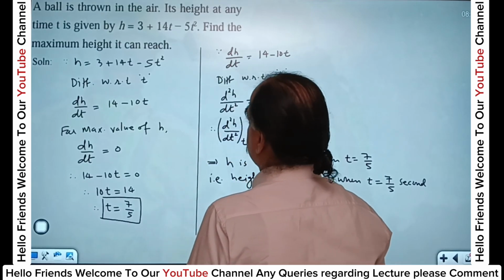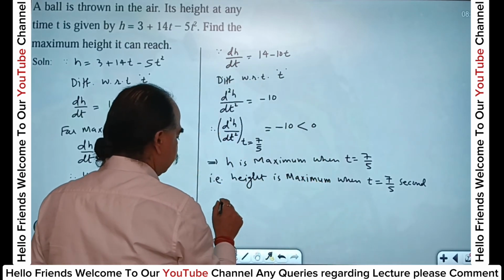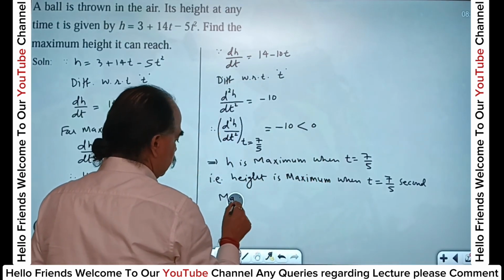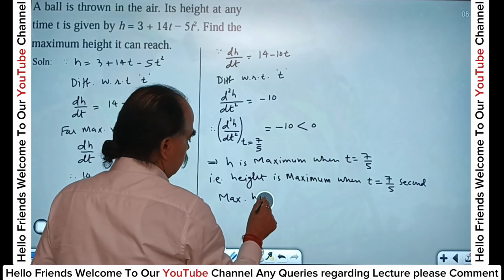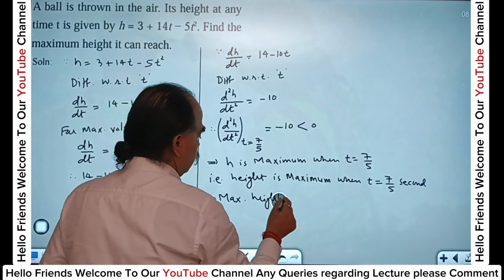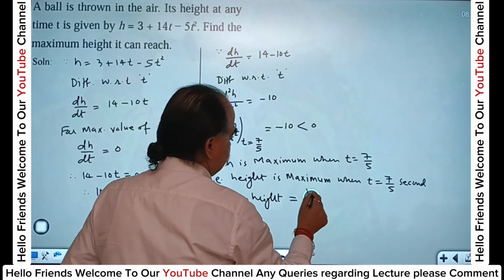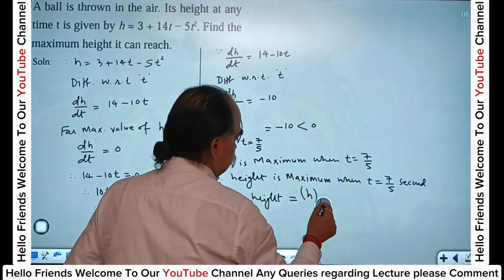Now they want maximum height. Max height is what? h when t is 7 by 5.